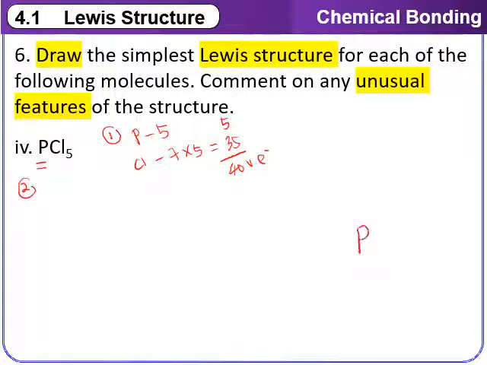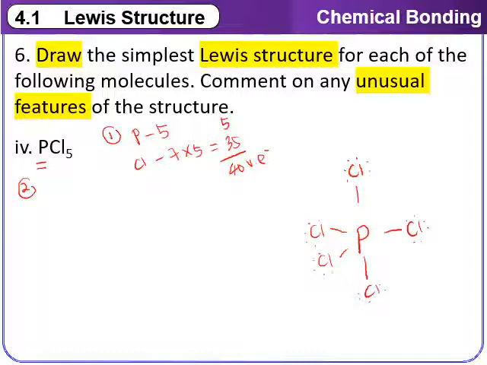Phosphorus in the center, and then come the chlorines. 5 chlorines. Each chlorine is going to achieve octet, with 3 lone pairs. So we have 5 terminal atoms.